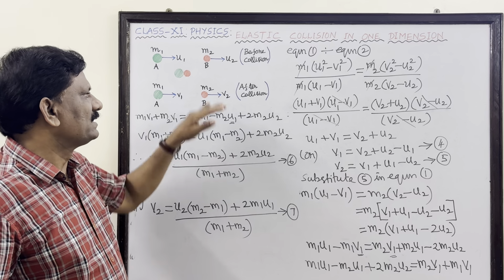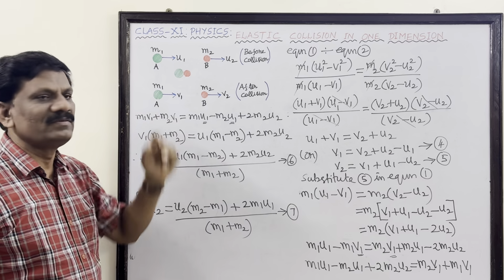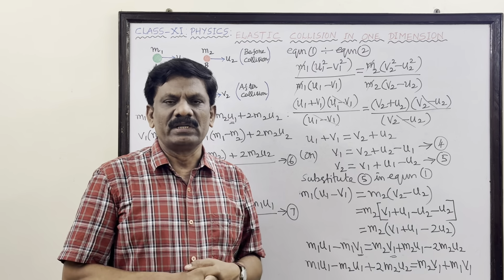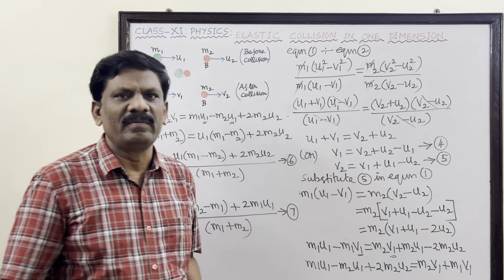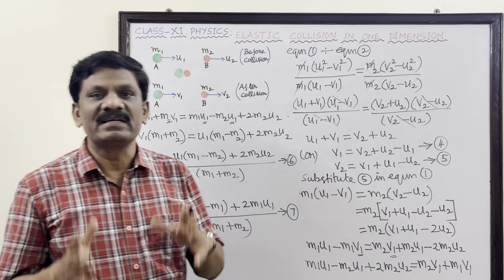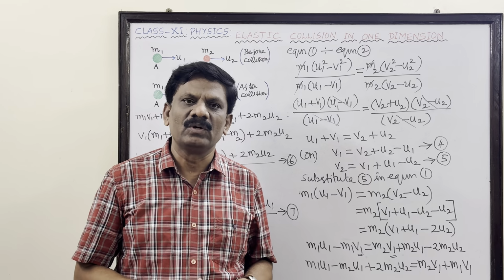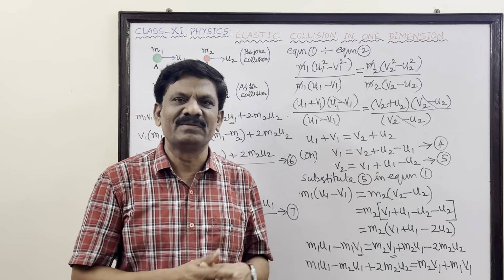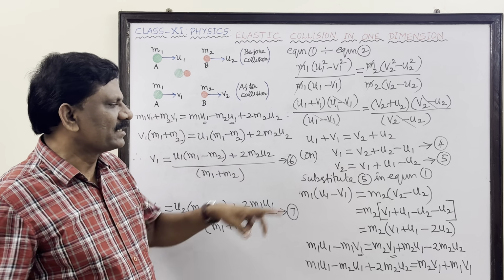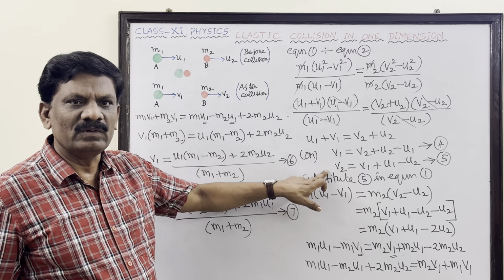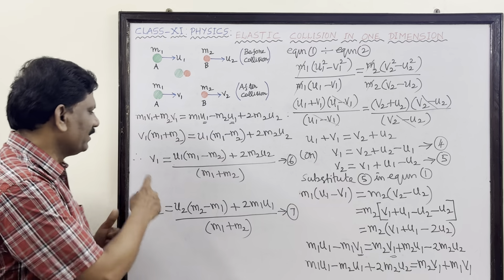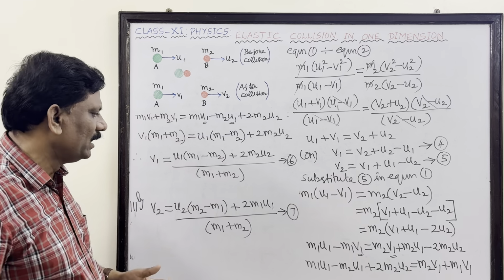The first step is the law of conservation of linear momentum: total momentum before collision is equal to total momentum after collision. The second step is the law of conservation of kinetic energy: total kinetic energy before and after collision must be the same. From that we got the expressions for v1 and v2. Again, we substituted them in equation 1 and derived the final equations for v1 and v2.